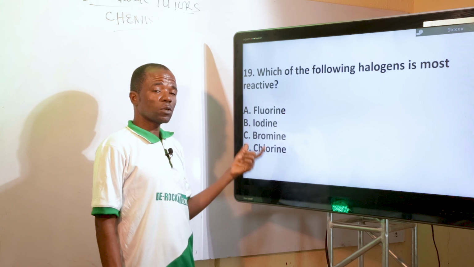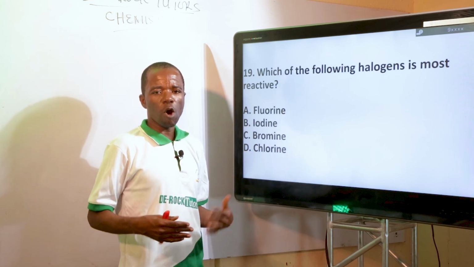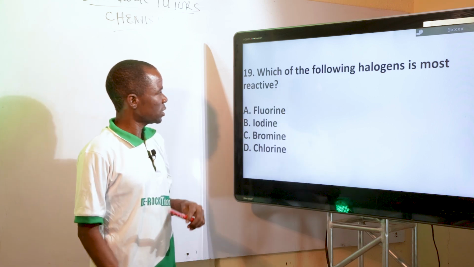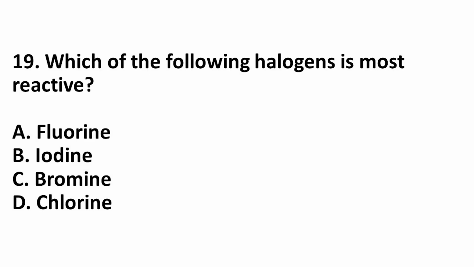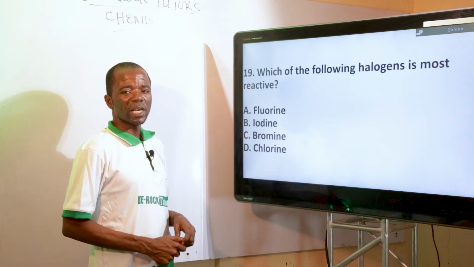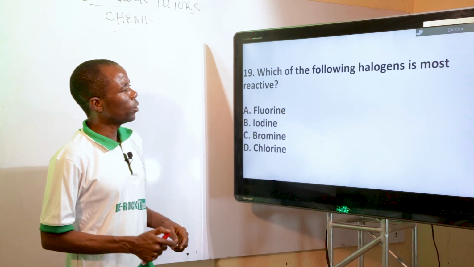As a matter of fact, that's one of the reasons why fluorine is never found free or in uncombined form, because of its high reactivity. So the correct answer for number 19 is definitely option A, fluorine. And don't forget, fluorine is also the most electronegative element with a value of about 4.0.